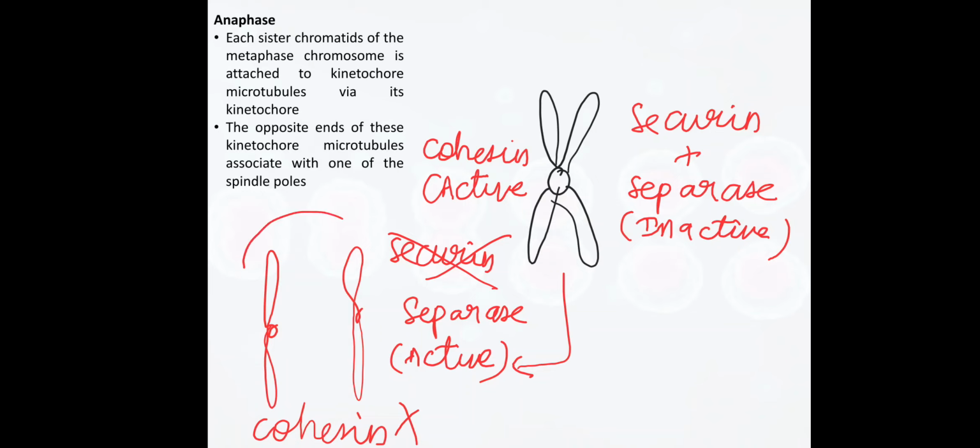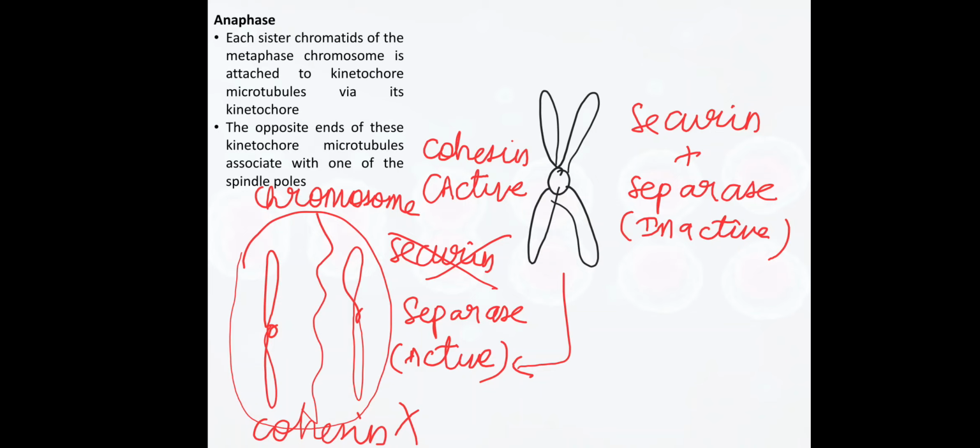So now these are known as sister chromatids. After separation, each chromatid is now called a chromosome, as it moves to separate cells. It is separated now at the metaphase plate. Then what next?